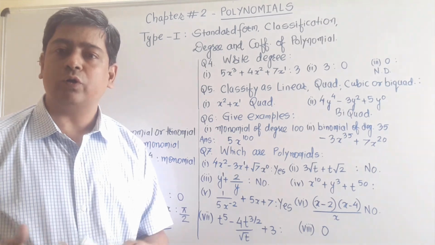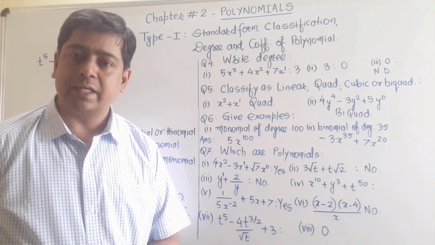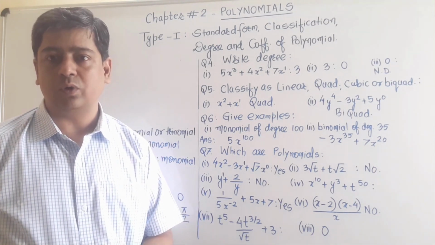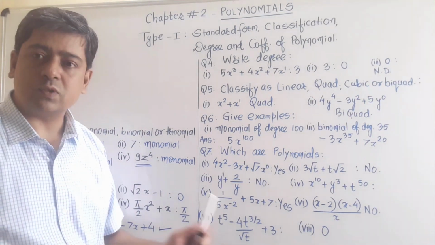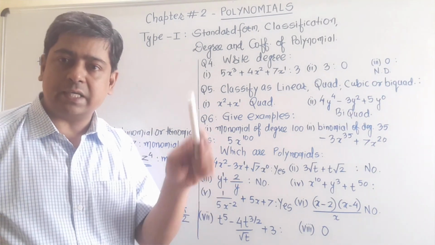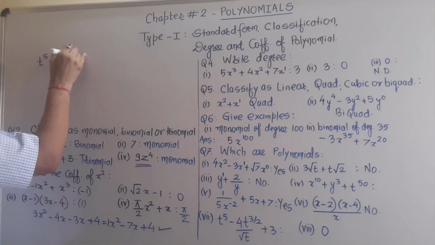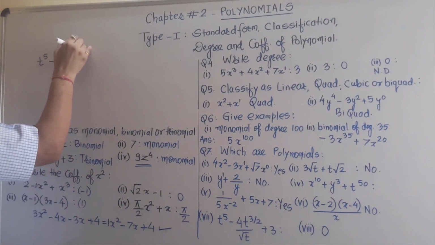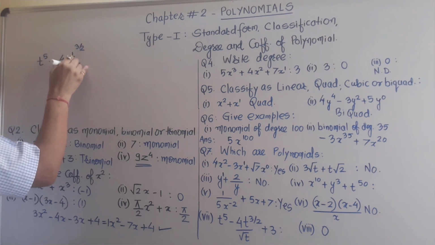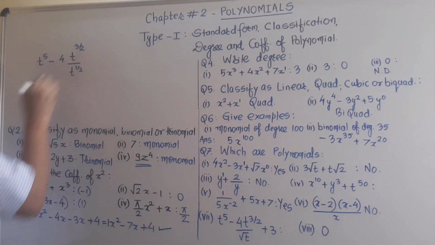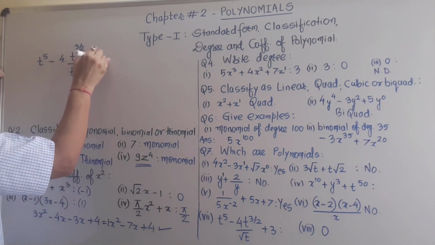Root of t I am converting into exponential form. Now you know how to convert. Here square root is given, so we can assume 2 and 2 will be reciprocal, it will become 1 upon 2. So this is given to us: t to the power 3 by 2 upon t to the power 1 by 2, and then along with that given to us 3.